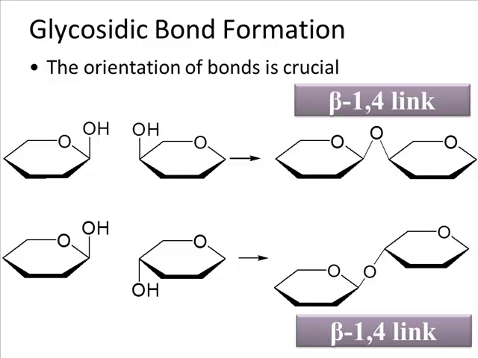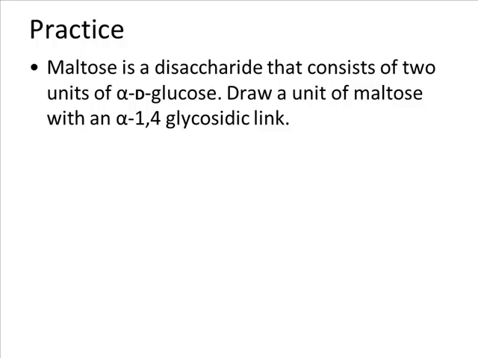Let's try a practice problem. Maltose is a disaccharide that consists of 2 units of alpha-D-glucose. Draw a unit of maltose with an alpha 1,4 glycosidic link. As you do this, I'll give you the structure of D-glucose. But we know D-glucose can exist in both an alpha and a beta form, and maltose only works with the alpha form.